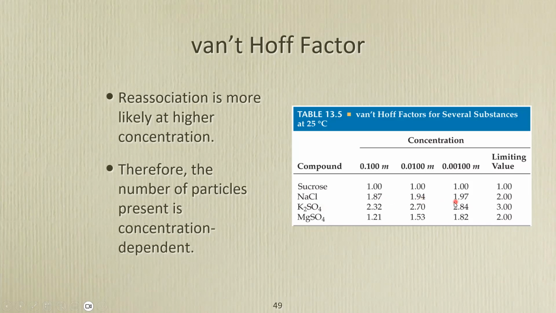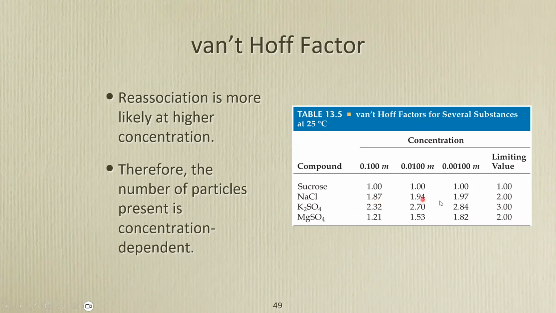But then with these different concentrations, we can see what it's really going to act like, because again, we're going to have some reassociation of these substances. So we're not always going to have 2 for the sodium chloride or the magnesium sulfate. We're not going to have 3 particles per molecule, I should say, for the potassium sulfate.